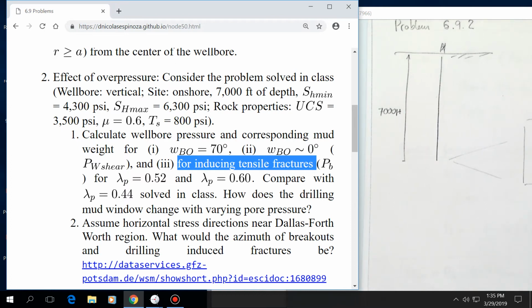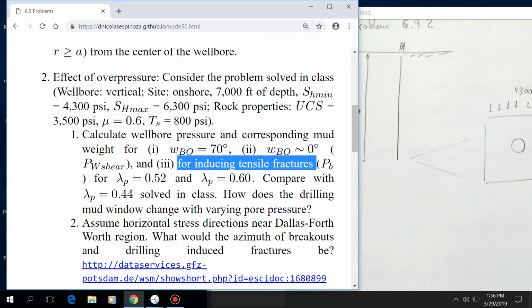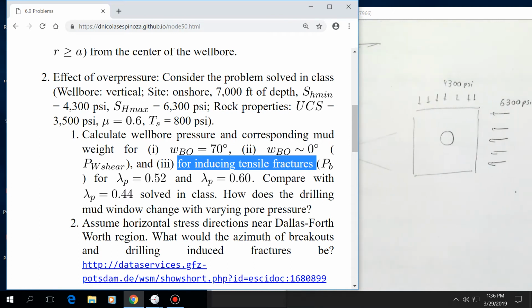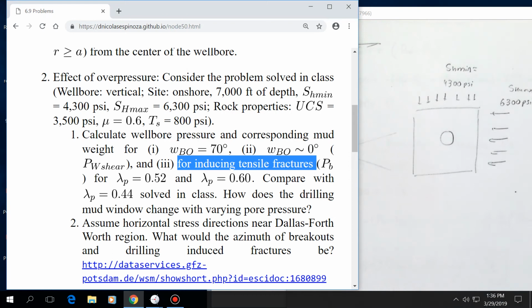Let's do it in this direction. And sigma h min, 4,300. Sorry, can't see. Let me. This is what I'm drawing. But I'm just basically copying the data from the problem into something that's nicer to look at.